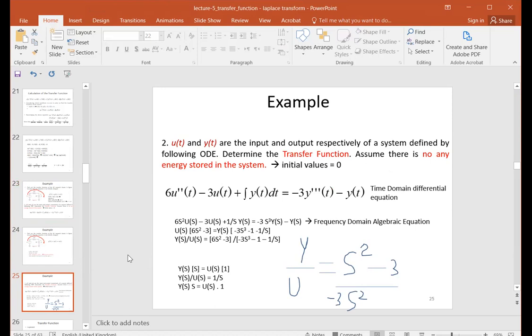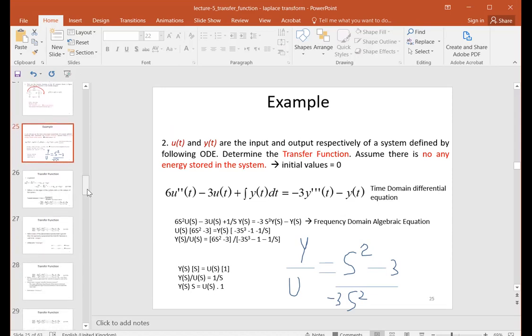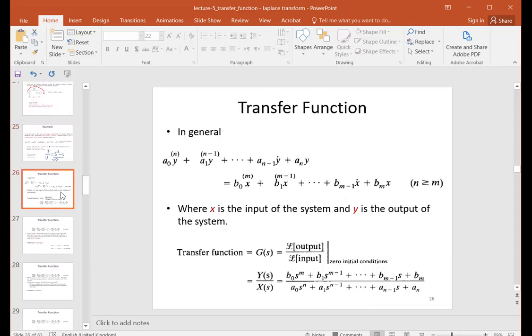So this is the transfer function in general. This is my input, a0 y, a1 y, etc. And that's equal to the b's here, where x is the input of the system and y is my output.